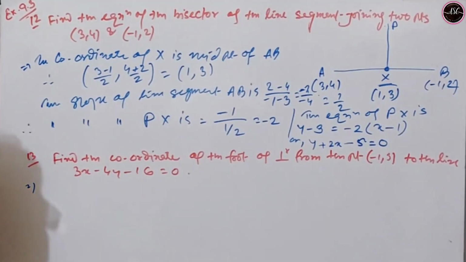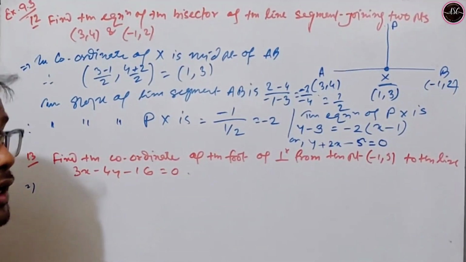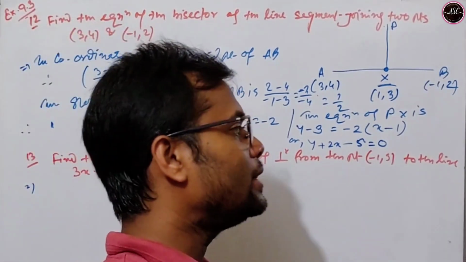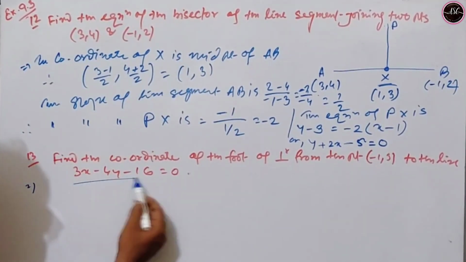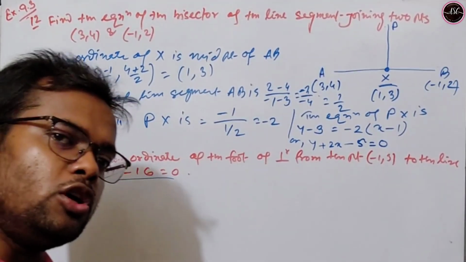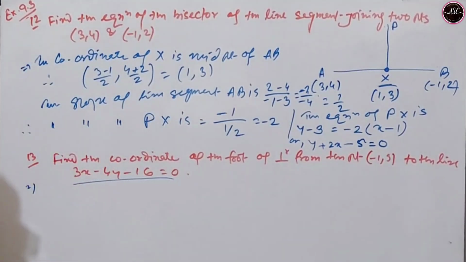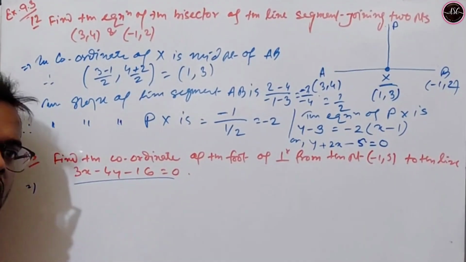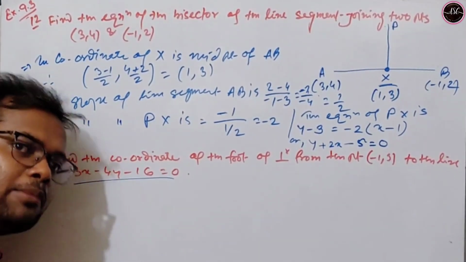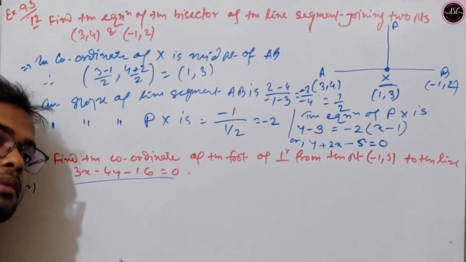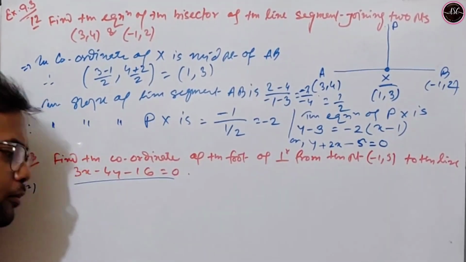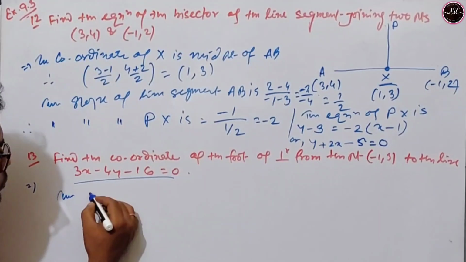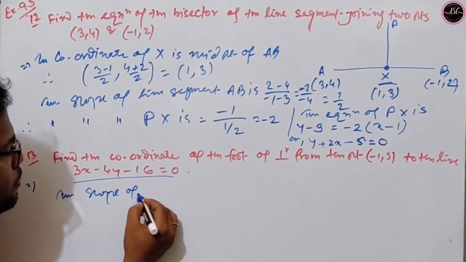Okay, now look at this question. Find the coordinates of the foot of the perpendicular from the point (minus 1, 3) to the line 3x minus 4y minus 16 equals 0. So the line is perpendicular to this, so the slope of that perpendicular line is minus 1 divided by this line's slope.